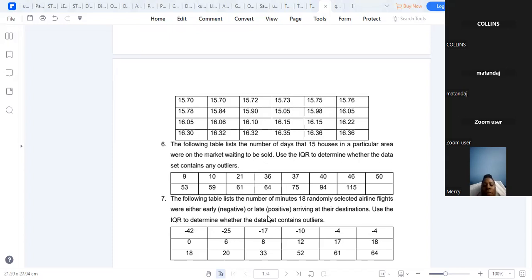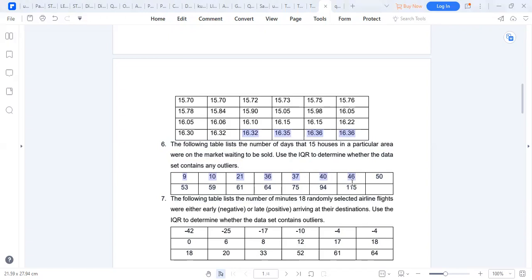Okay. So now we're going to find the box whisker plot. So let's identify the quartiles. Remember, how do we find the quartiles? Which figures we have here? How do we find the quartiles?